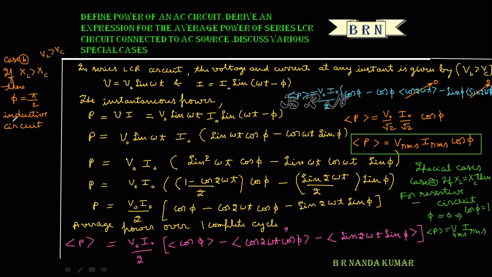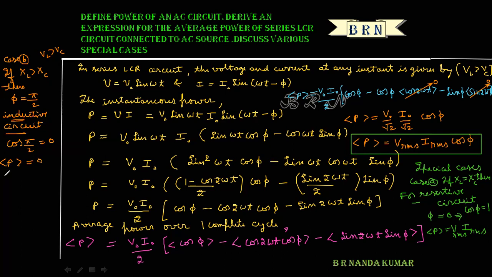For an inductive circuit, phi is equal to pi by 2, then the power factor cos pi by 2 is equal to 0, and average power is equal to 0, and even power loss is also equal to 0, right?